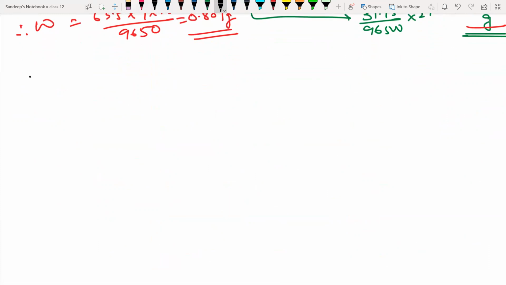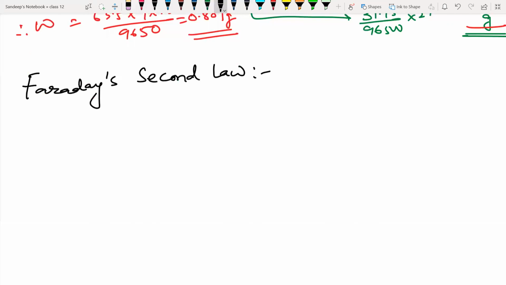Now let us look at Faraday's second law of electrolysis.